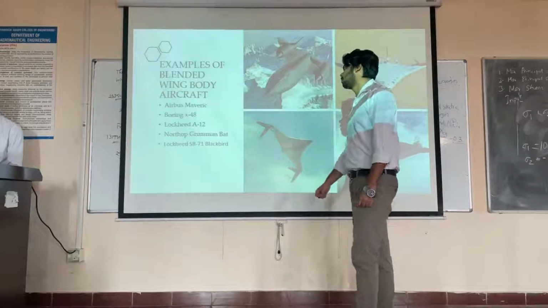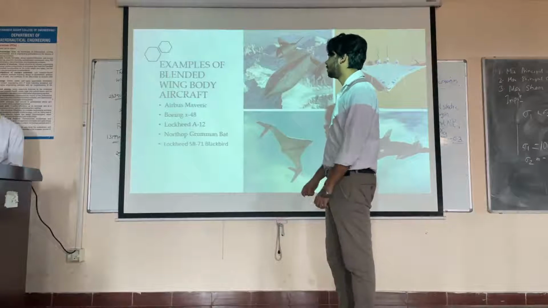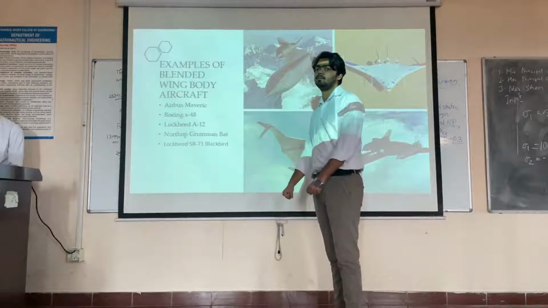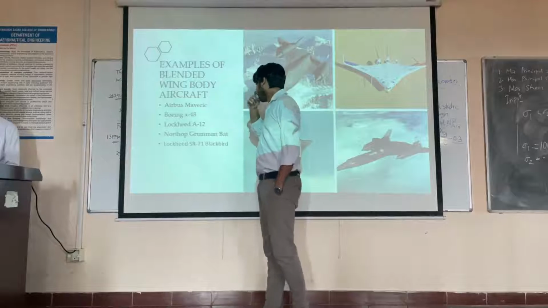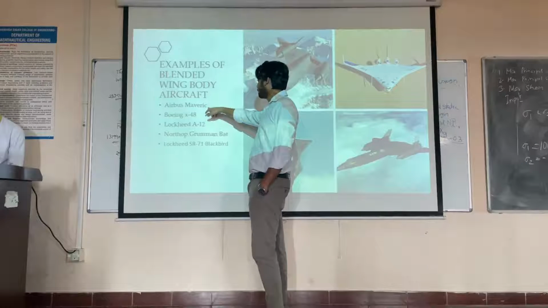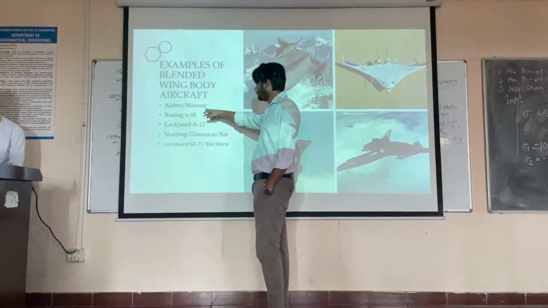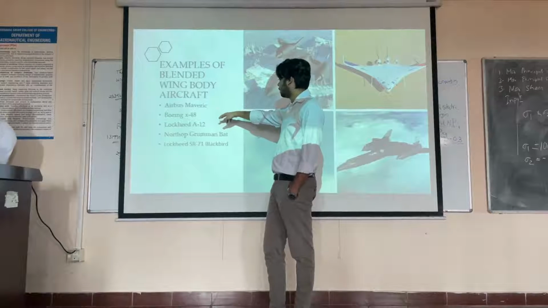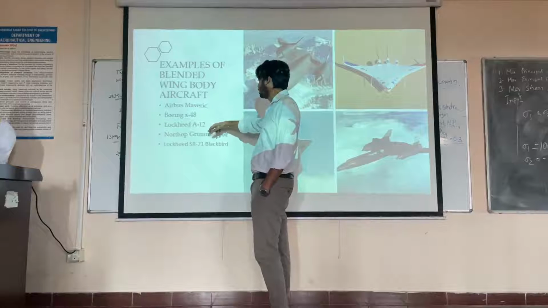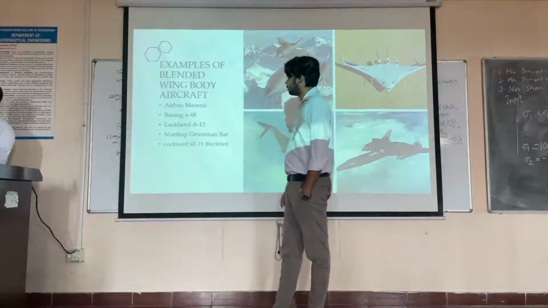I will talk about the Airbus Maverick and the Boeing X-48. Before that, these are some blended wing aircraft: the Airbus Maverick, which is an experimental UAV, and the Boeing X-48, which I will talk about later.